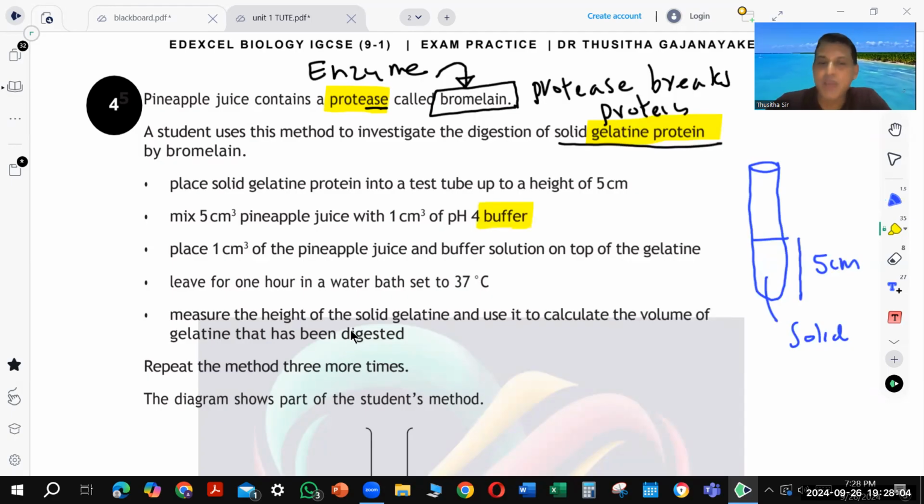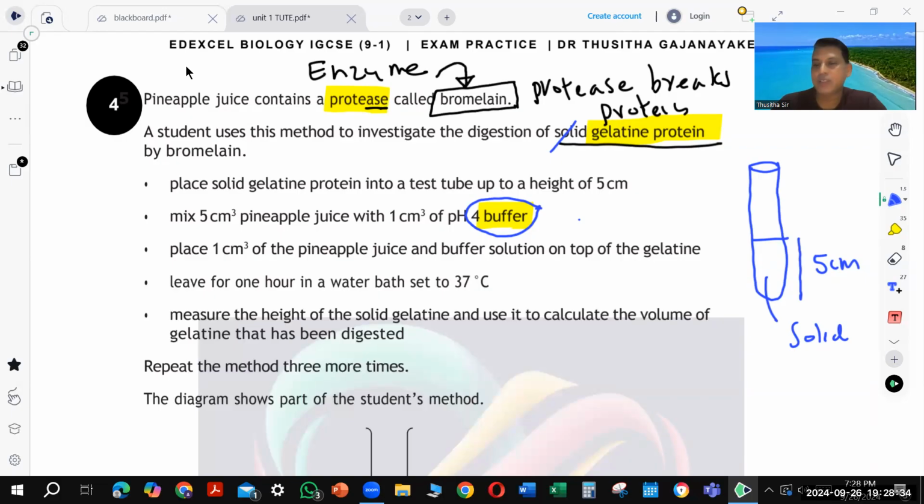Now, how many of you have heard about a buffer? Just send me a yes or no, then I can explain. How many of you know what a buffer is? No, no, not sure, not sure.